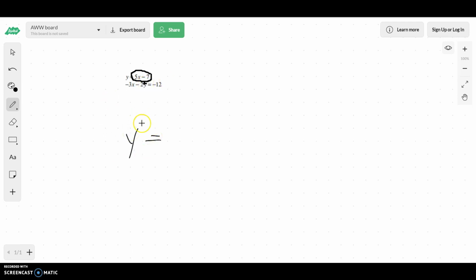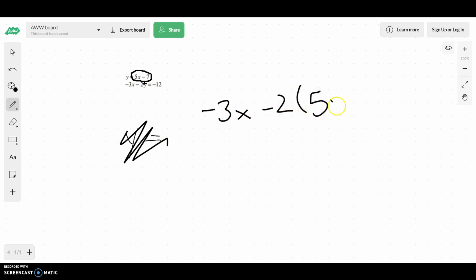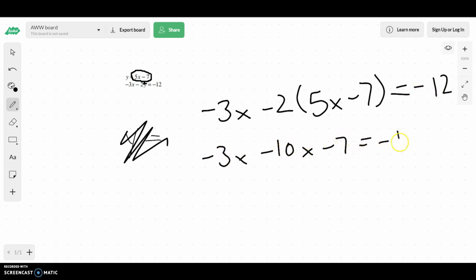So what we would want to write is negative 3x minus 2. And instead of writing y, we're going to put 5x minus 7 equals negative 12. I would then have 3x minus 10x minus 7 equals negative 12. I would combine my like terms and get that I have negative 13x.